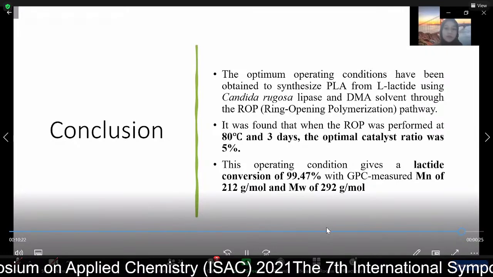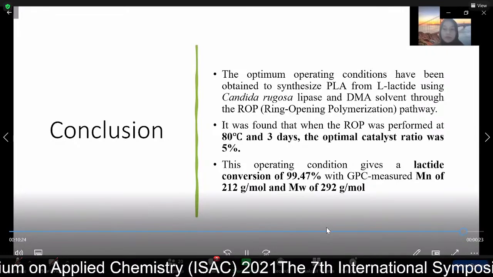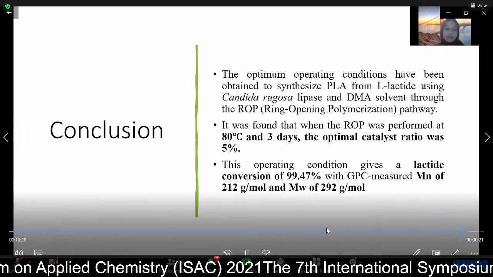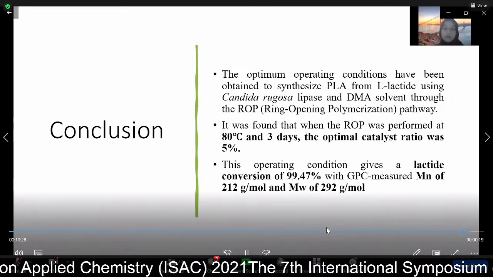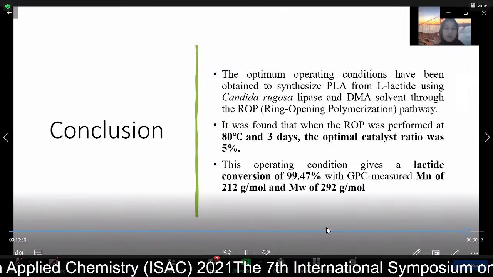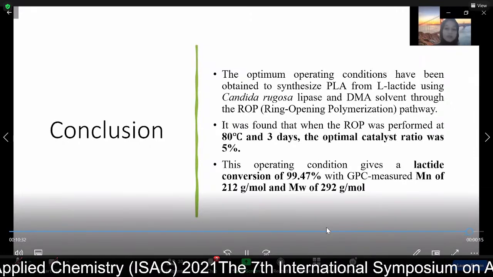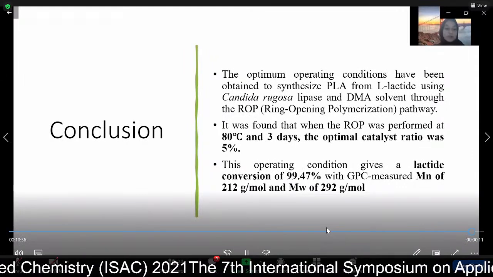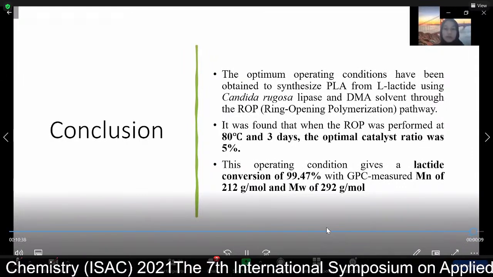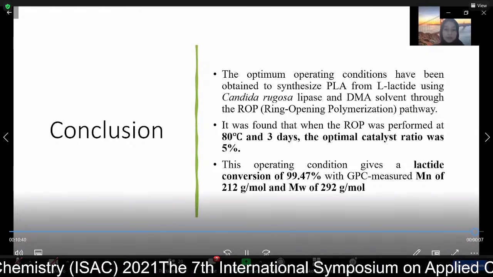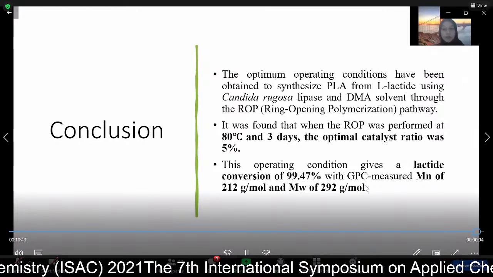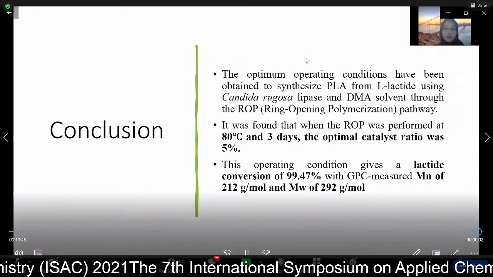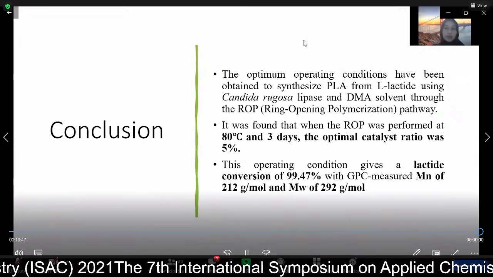It was found that when ROP was performed at 80 Celsius for 3 days, the optimal catalyst ratio was 5%. This operating condition gives a lactate conversion of 99.47% with a number average molecular weight of 212 gram per mole and a molecular weight of 292 gram per mole.